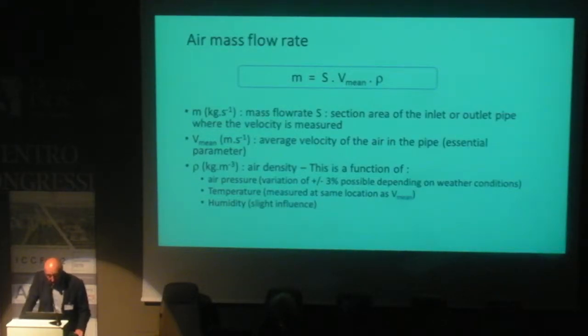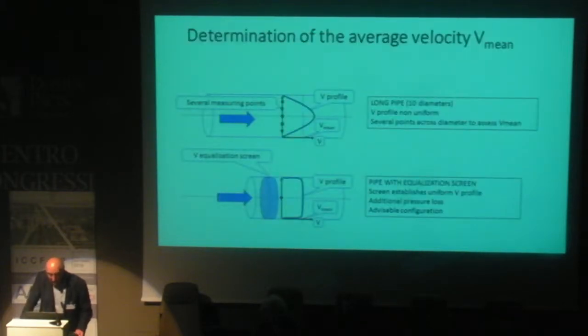M is the product of the pipe section area, the mean velocity of the air going through, and the air density. Now you have to determine this mean velocity. If you have a long pipe, theoretically speaking, you have such a velocity profile.